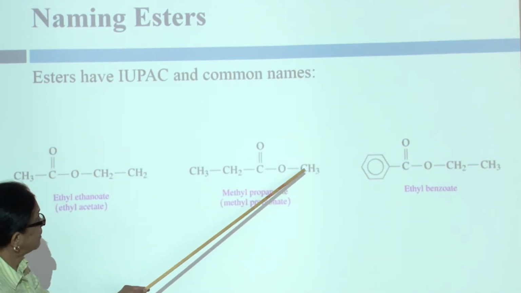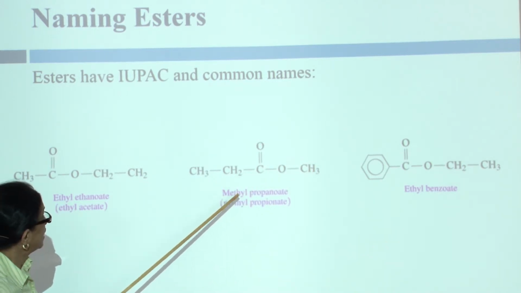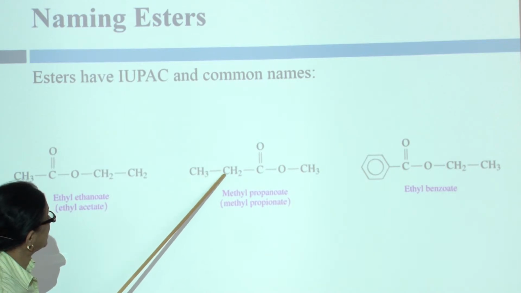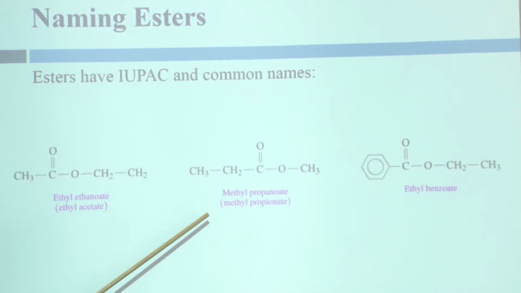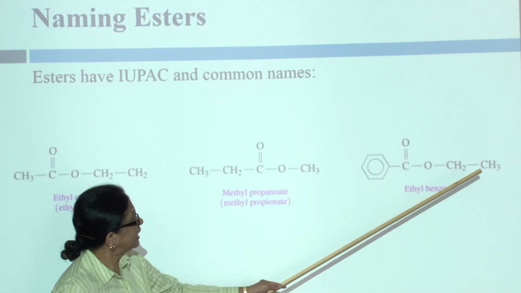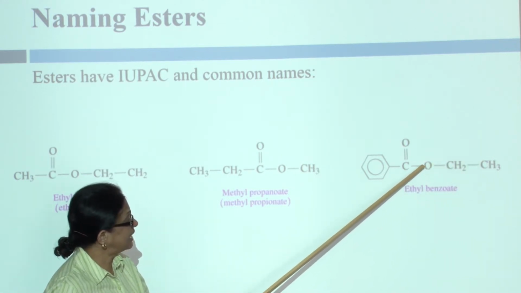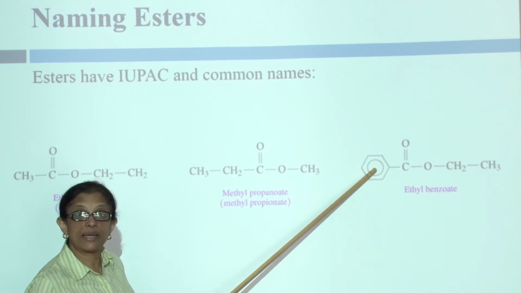Methyl propanoate, methyl, methanol, propanoate, propanoic acid. You can see this should be a CH3. So if you see mistakes, we'll be able to figure it out. Ethyl benzoate. Ethyl, this is ethyl, ethanol, benzoic acid, benzoate.